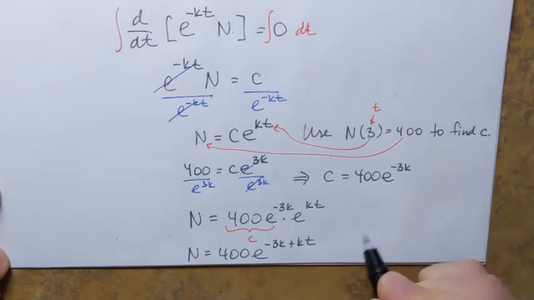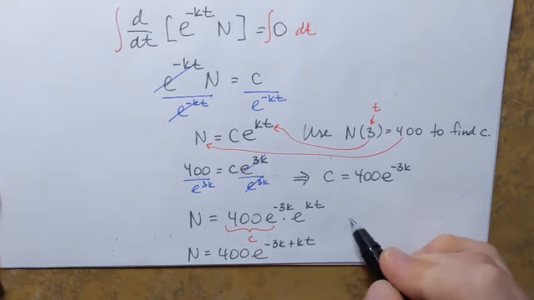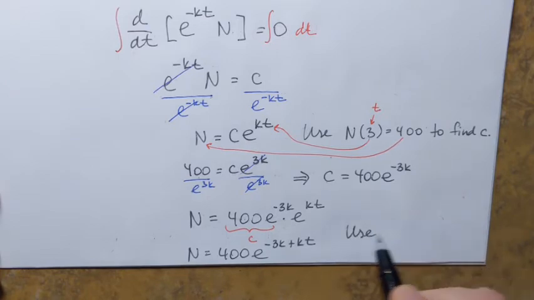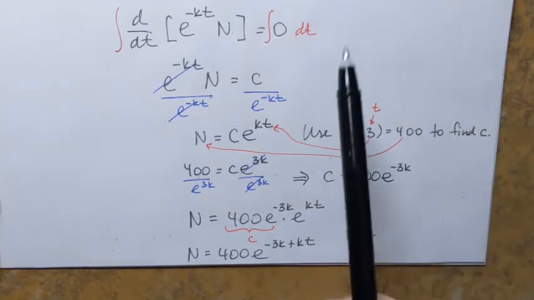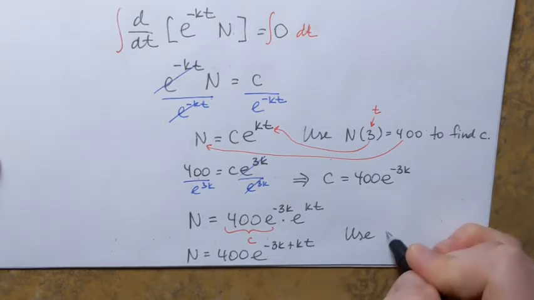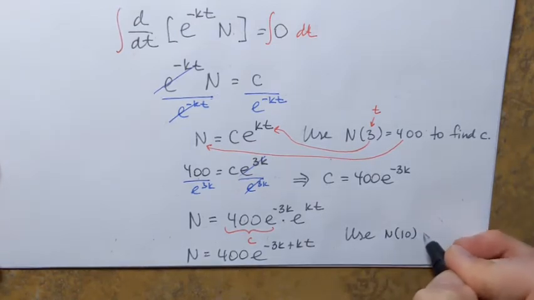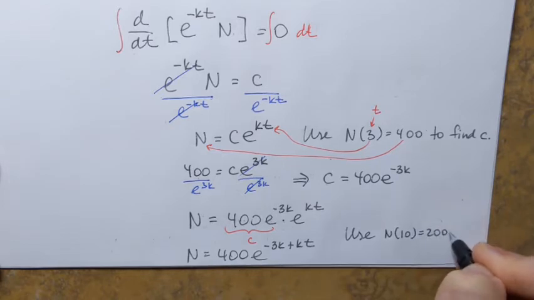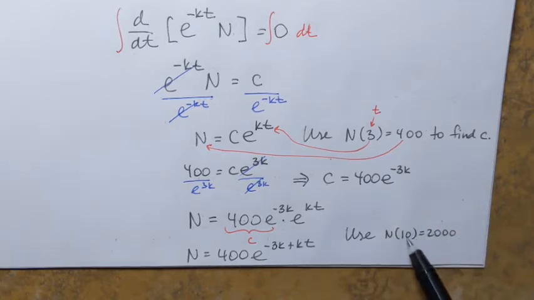So I'll make a note here, and then I'll need to start a new page. I'll say use the second given condition. It's right there above at the very top of this page. Remember, it says N of 10 equals 2000. That's when we were given that after 10 hours there are 2000 bacteria present.